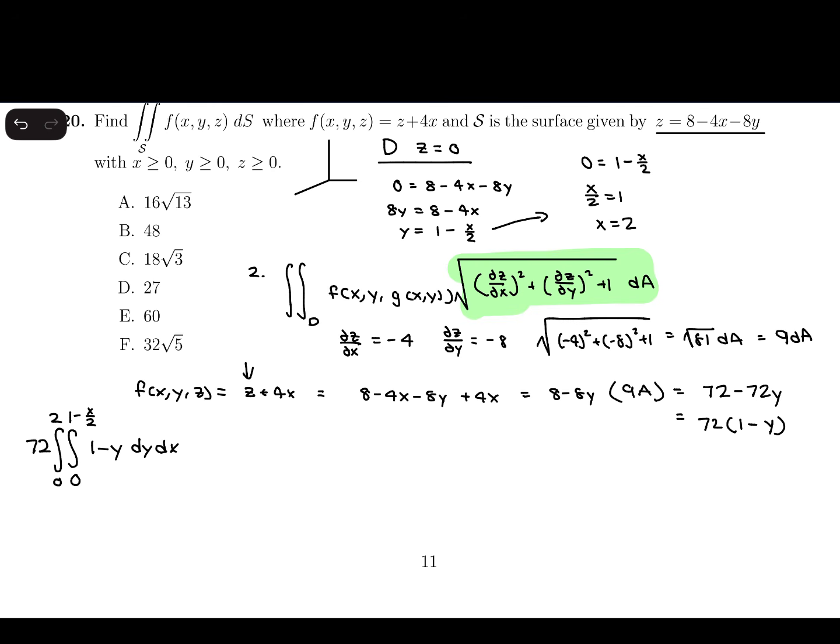So now we have to solve this out. Once we solve this out, you get y minus, sorry, y squared over 2, which you evaluate between 1 minus x over 2 and 0, which gets you 1 minus x over 2 minus, and I'm going to make this look very weird, but this will be 1 minus 2x plus x squared over 4, over 2.